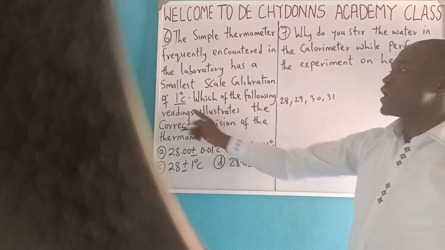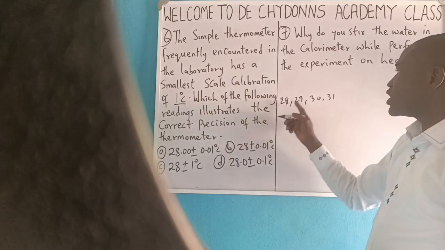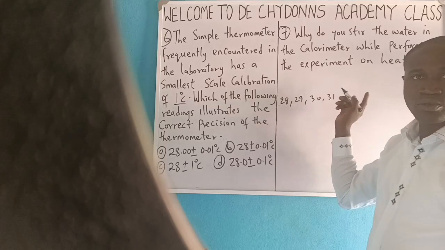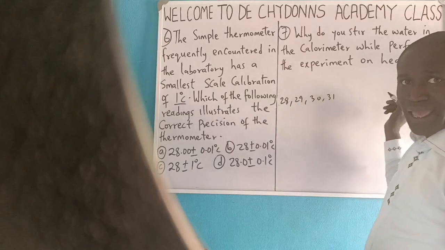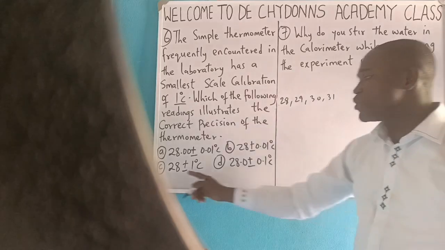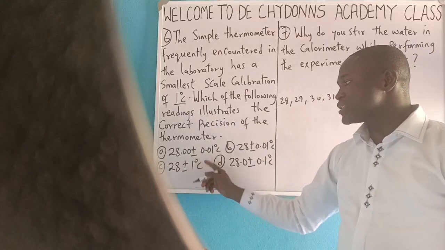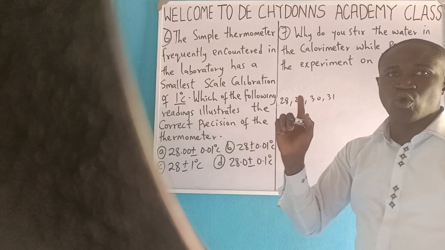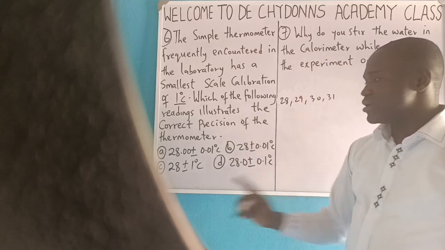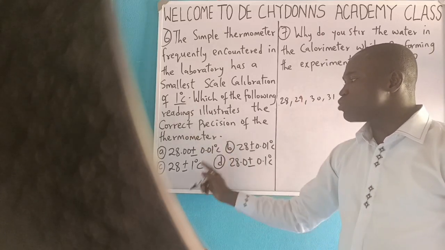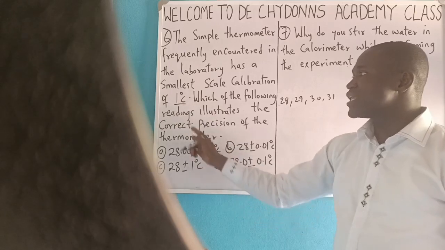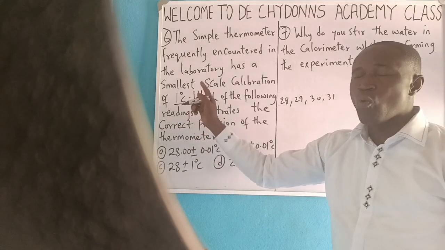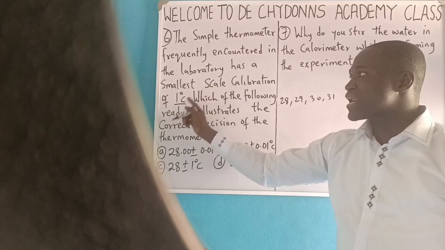Because they say 1 degree, it means it goes by 28, 29, 30, 31, and so on. Are you getting it? So the answer should be 28 plus or minus 1 degree Celsius. So it is going by nearest whole number, no decimal, because the smallest reading you can get is 1 degree Celsius.